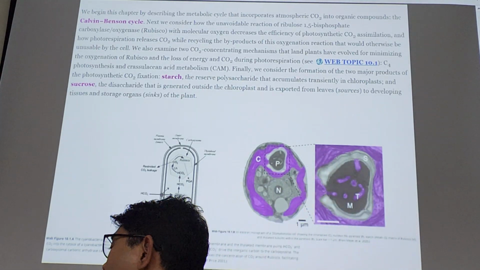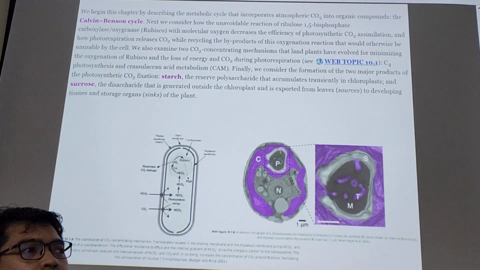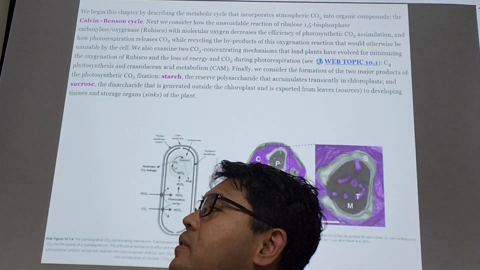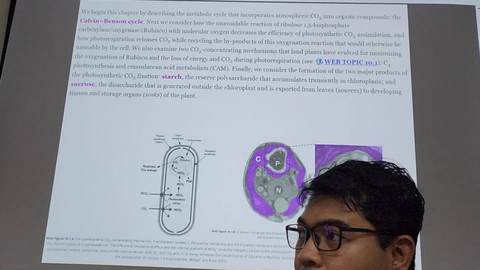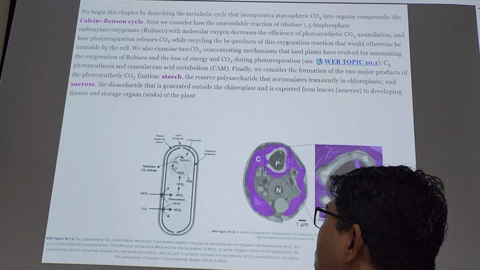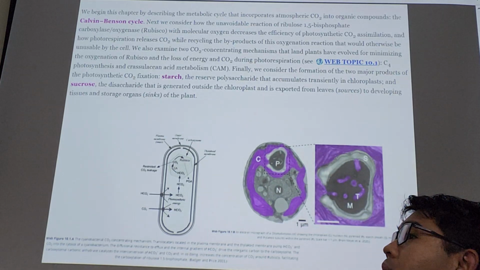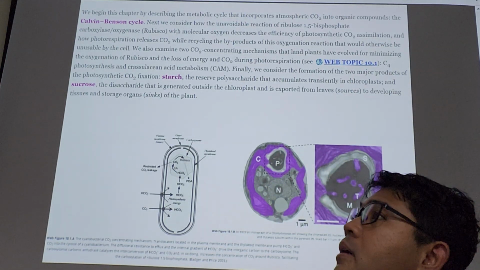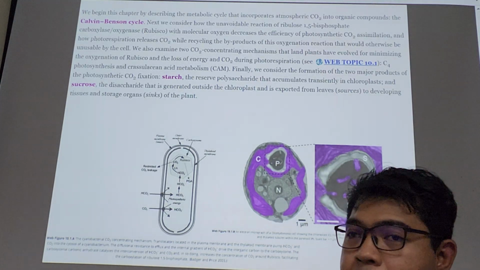So what about the plants? It's a bit unfortunate for plants. Plants do not have this specialized structure in the cell or in the chloroplast itself to concentrate carbon. Meaning, evolutionarily speaking, the plant has not fully evolved yet.